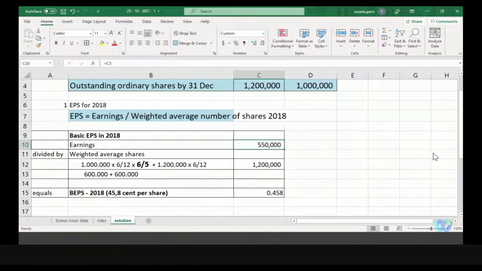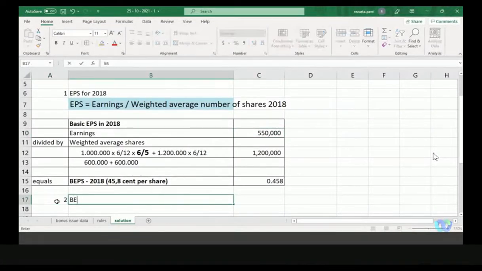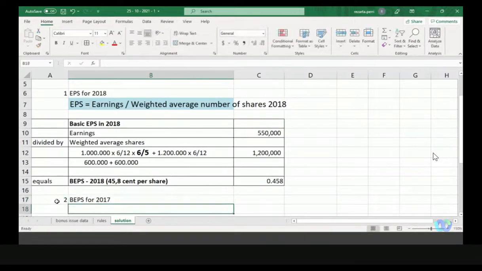Now, the second requirement of this exercise is to calculate the basic earnings per share for 2017. There is a very simple way to do this. First, I can take the amount of the earnings per share calculated and stated for 2017, and then apply the inverse of the bonus factor to restate that amount.